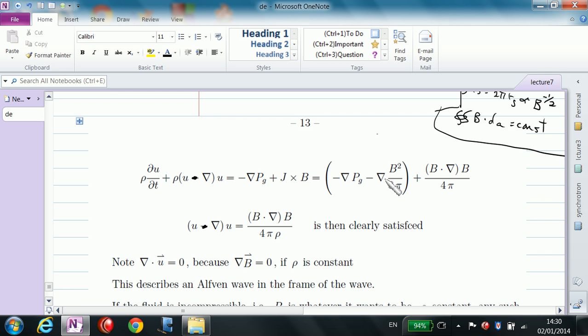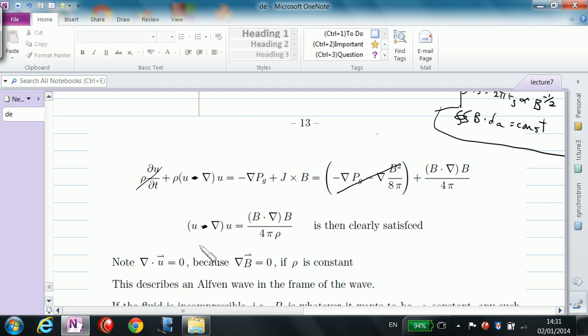The gradient of a constant, because P_G was a constant minus B squared over 8 pi. So this is going to vanish, and since we're assuming steady state, this will vanish, and therefore we're left with this term and this term.